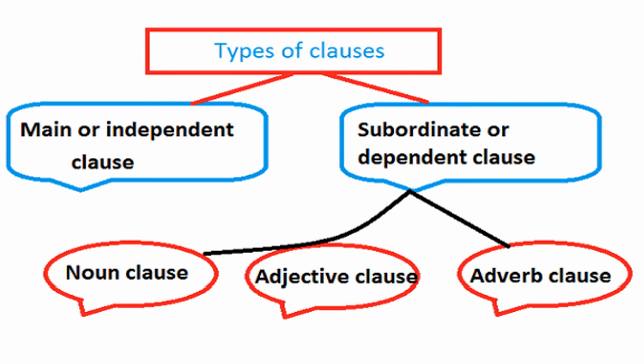The next type is the subordinate or dependent clause. Now, these subordinate or dependent clauses can once again be subdivided into three more types: the noun clauses, adjective clauses, and adverb clauses. Depending on the function they serve in a sentence, they can be either a noun clause, an adjective clause, or an adverb clause.